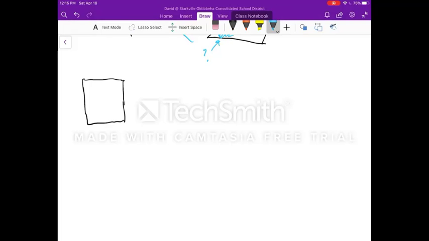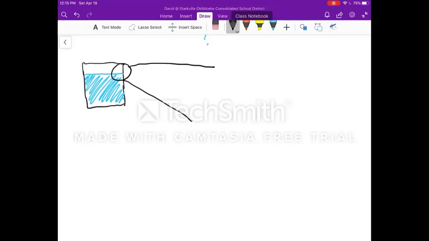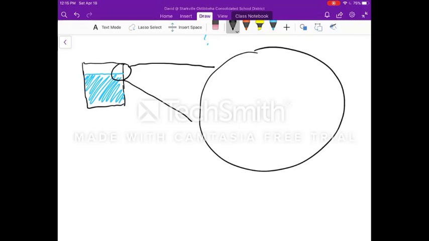So let's think about if we have a jar of water or a glass of water, and we zoom in and look at what's happening to our normal glass of water at the surface.